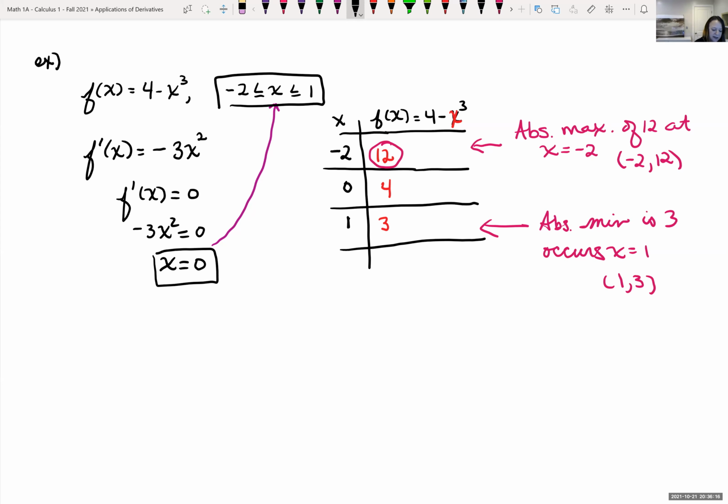It wanted us to graph this. So we have a point at -2, we have positive 12. At 0, we have 4. And at 1, we have 3.